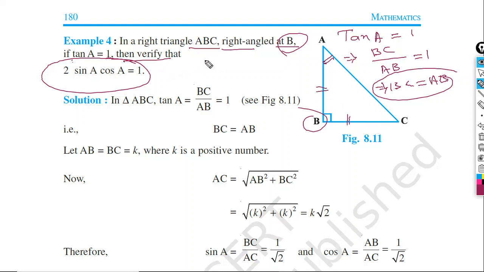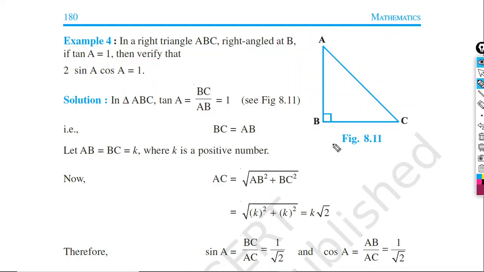Now what we have to verify? 2 into sin A into cos A equal to 1. So here we have AB equal to BC. We will assume AB equal to BC equal to K. K will be a positive number definitely, because length is always positive. Therefore we need the length of AC.